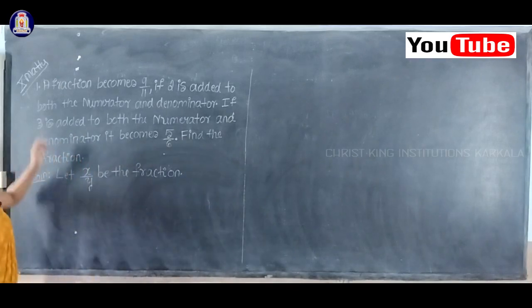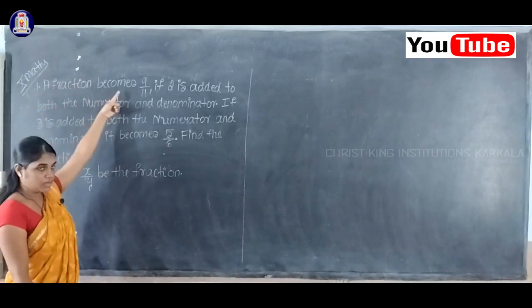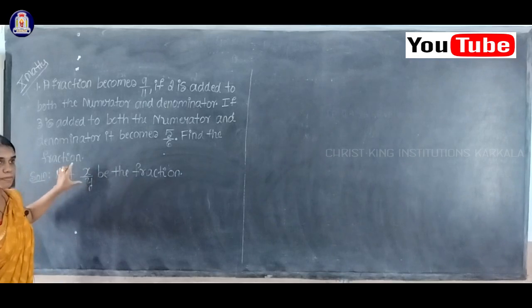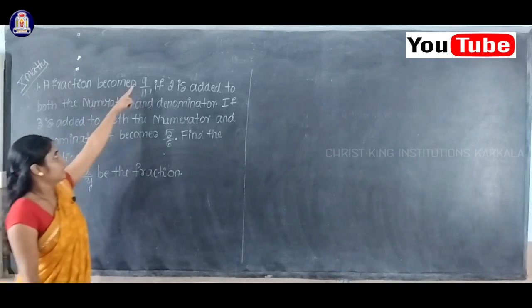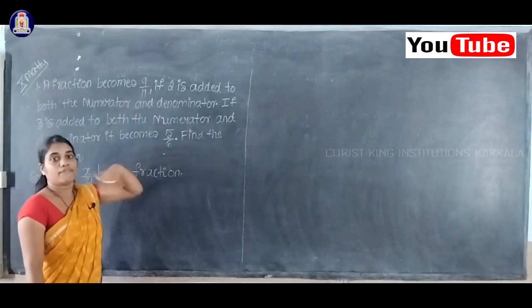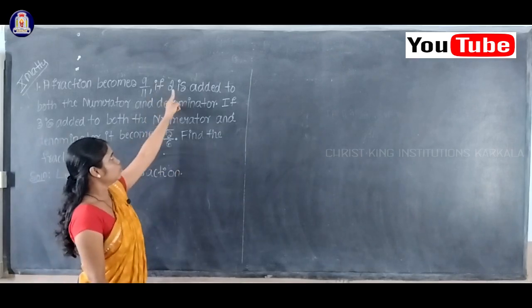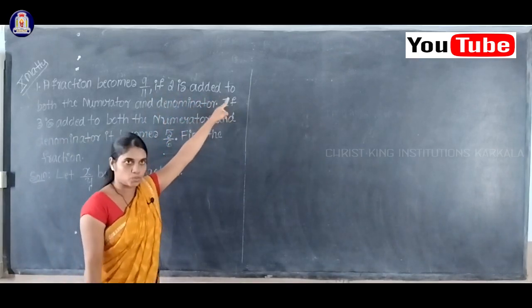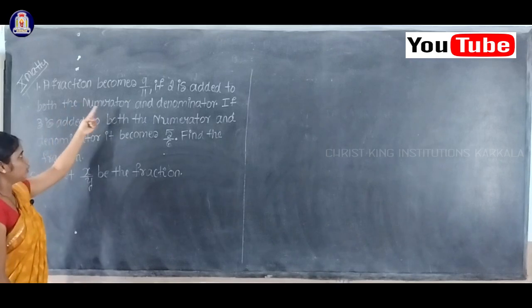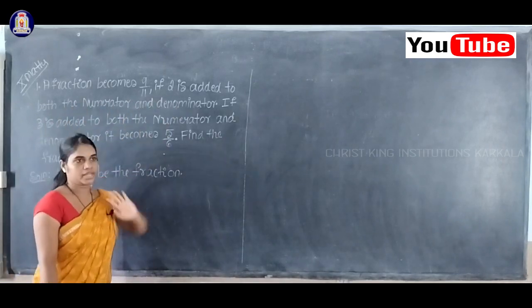In the question, the fraction x by y becomes 9 by 11 if 2 is added to both the numerator and the denominator.